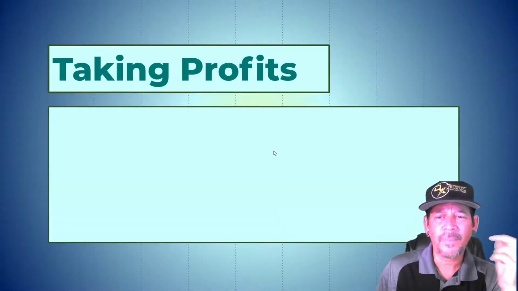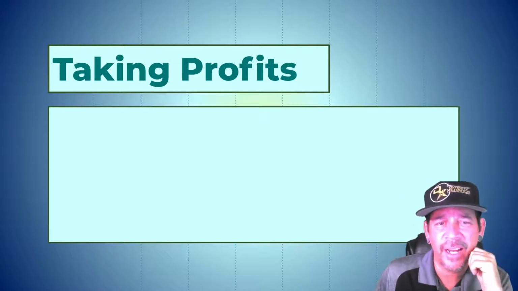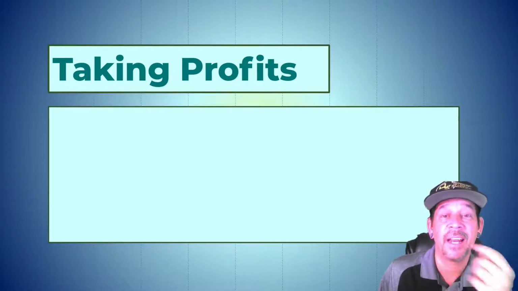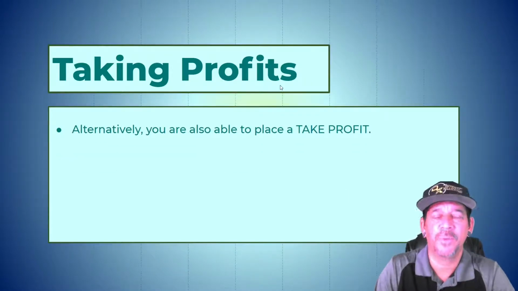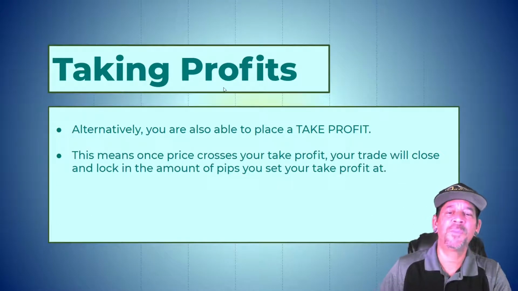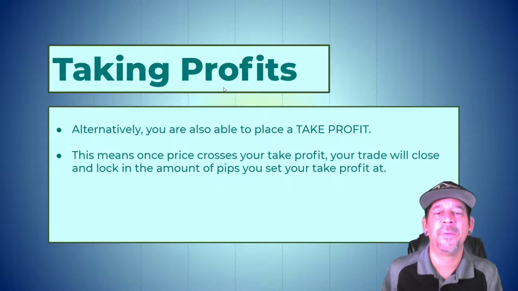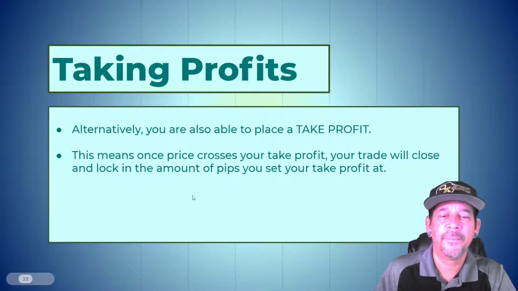Now, taking profits. Stop losses are one side of set it and forget it trading. Taking profits is the other side of set it and forget it trading. Alternatively, you're also able to place what's called a take profit. This means once price crosses your take profit, your trade will automatically close and lock in the amount of pips that you set your take profit at.